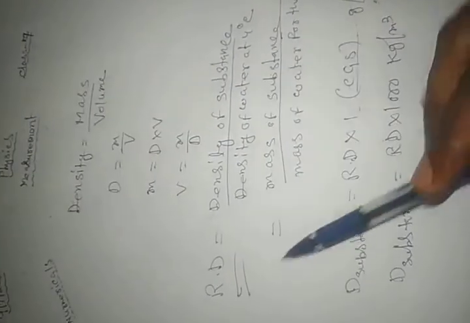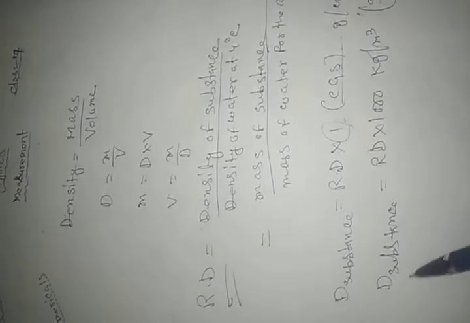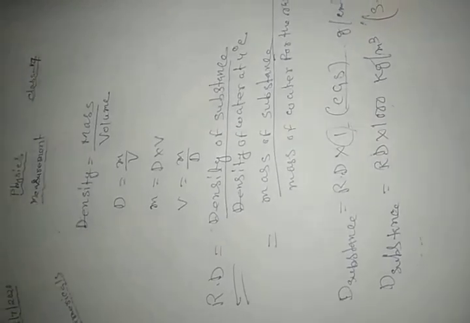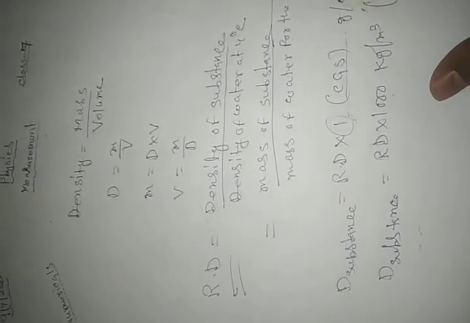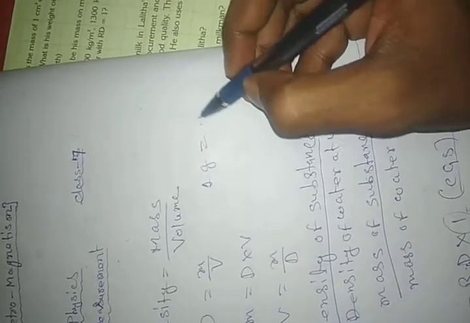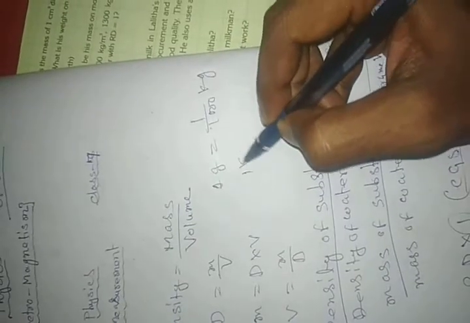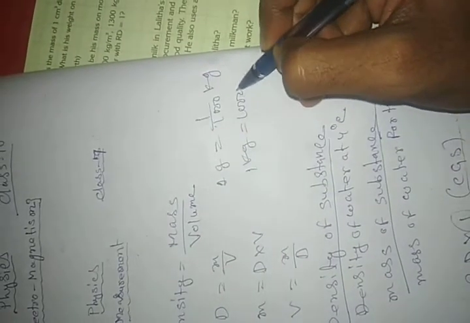If you want to change the relative density into density, in CGS you have to multiply with 1, and in SI you have to multiply with 1000. That formula you have to remember, otherwise you are not able to solve the numerical. One more basic thing is you have to change the unit, like from gram to kg. 1 gram equals 1 by 1000 kg, or 1 kg equals 1000 gram.